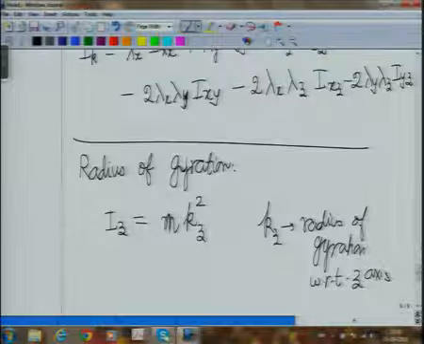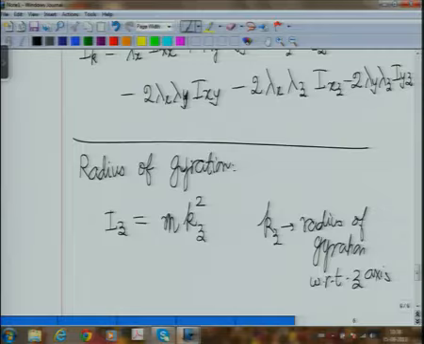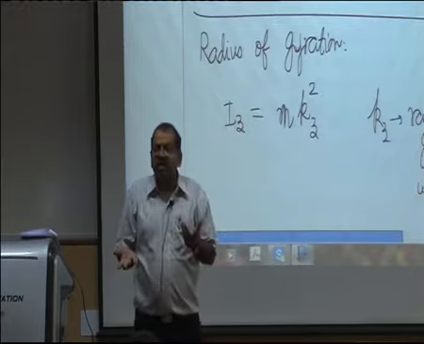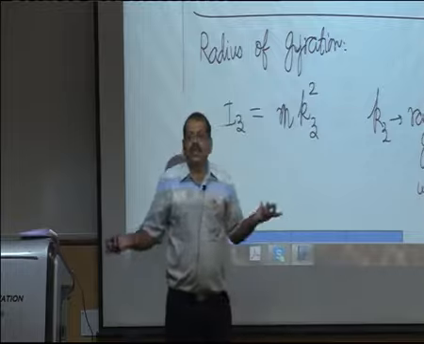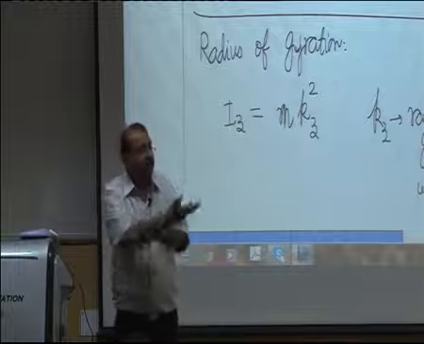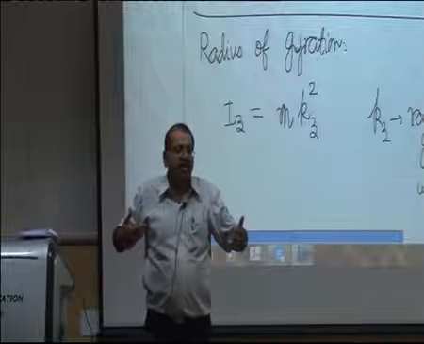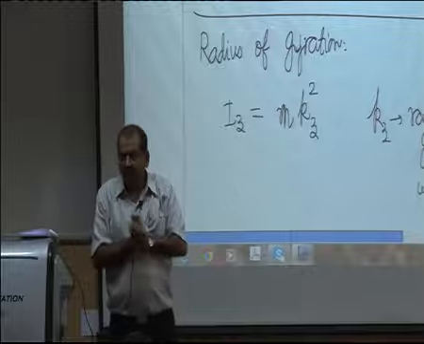This is basically an engineer's way of doing things. Instead of specifying moment of inertia for complex bodies, you will specify radius of gyration. So wherever the radius of gyration is given, you know that you can calculate the moment of inertia directly. This is just a way of listing things in a table: radius of gyration of a circle, radius of gyration of a cylinder, and so on.